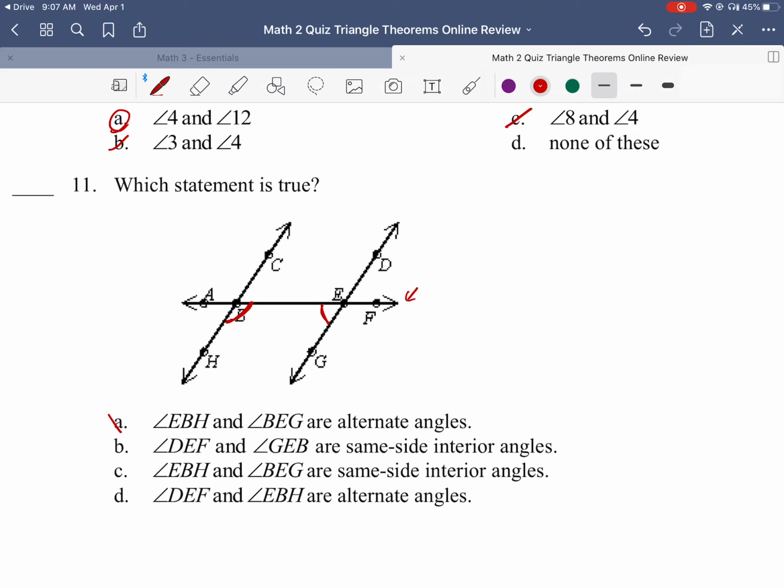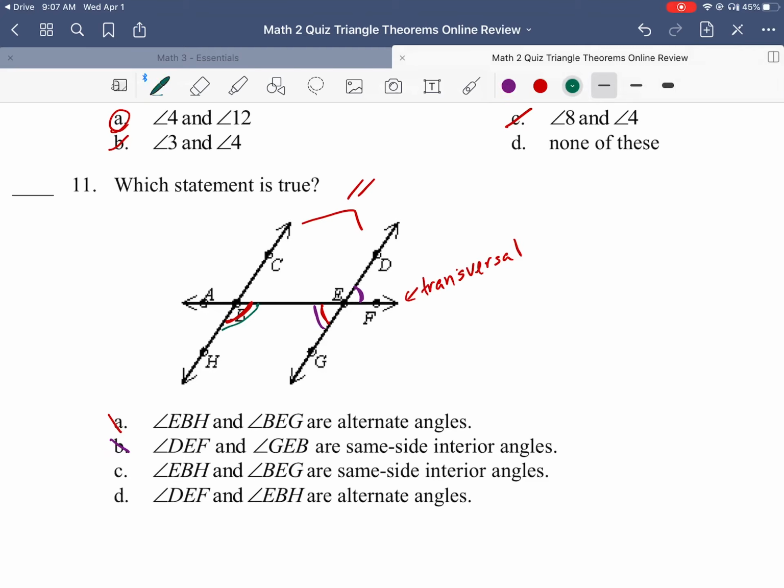Okay, so remember this one's my transversal, and we are assuming that these two are parallel. Okay, DEF is this angle, and BEG, which again is this angle, are same side interior angles, so they are not on the same side of the transversal, so that's definitely not it.